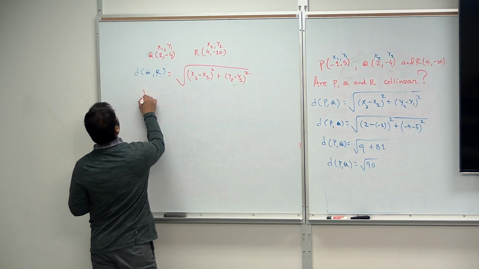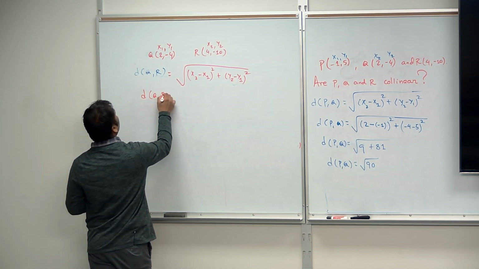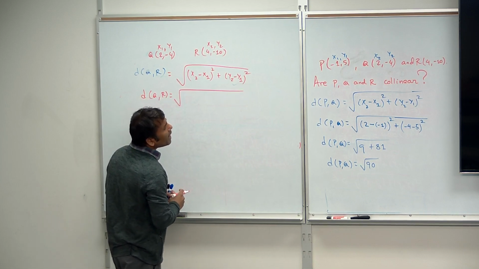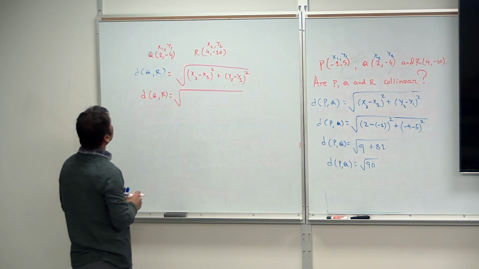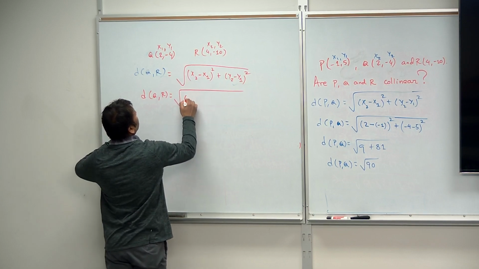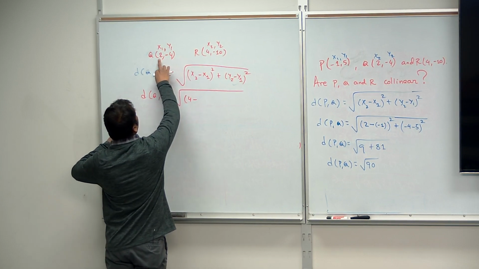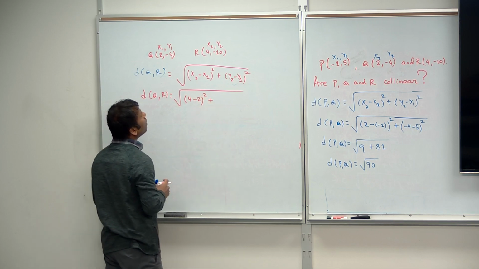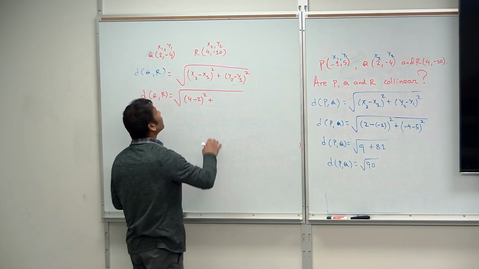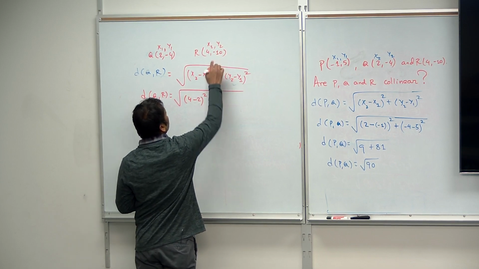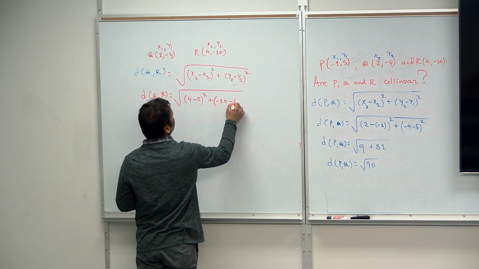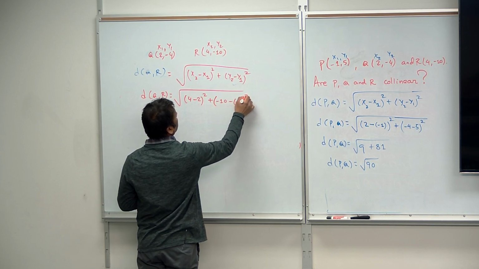So the distance between Q and R is radical. What is my x2? 4, minus, what is my x1? 2. So this is 4 minus 2 squared plus, what is my y2? Negative 10 minus, what is my y1? Negative 4. This is squared.